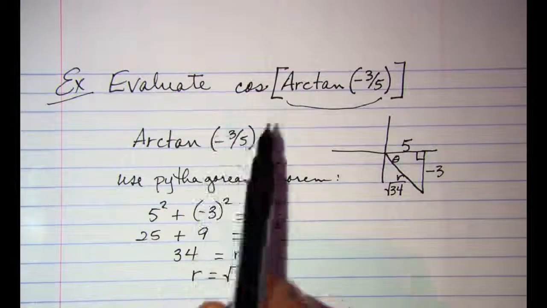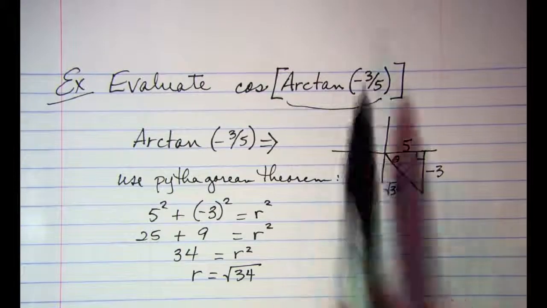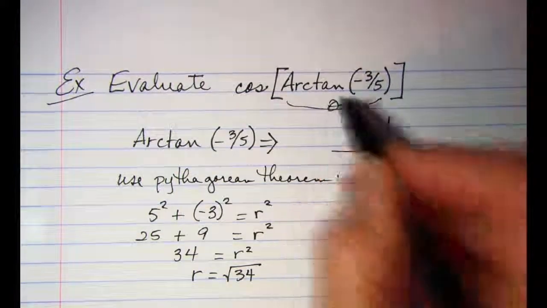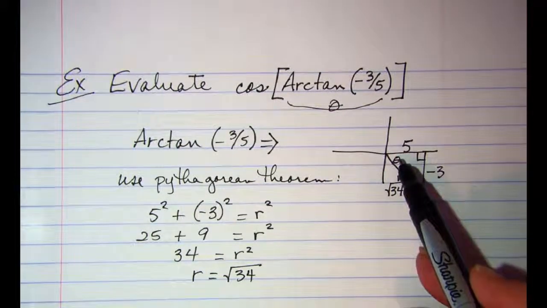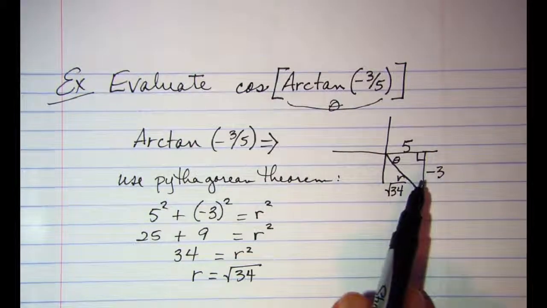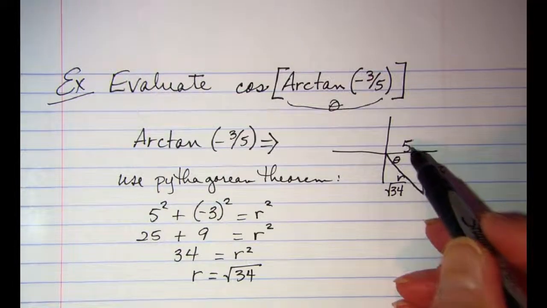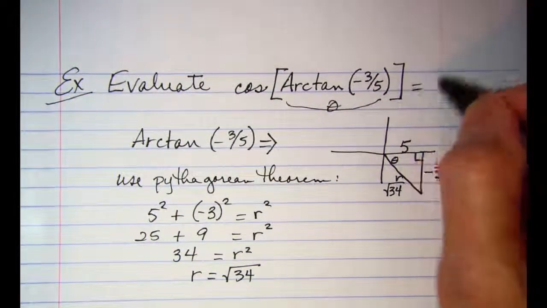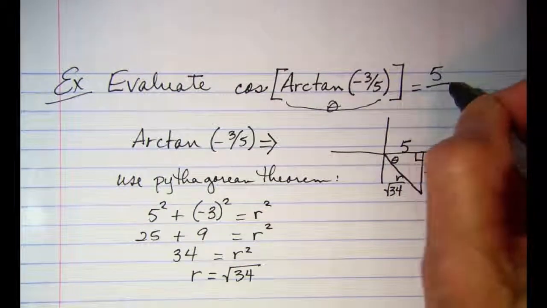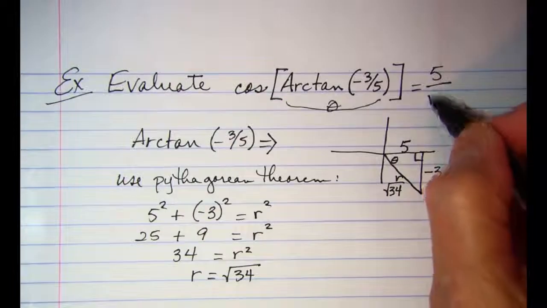So now I can find the cosine of this angle. This angle, remember, we showed it as theta. So the cosine using our diagram is going to be adjacent, which is 5, over the hypotenuse, which is root 34.